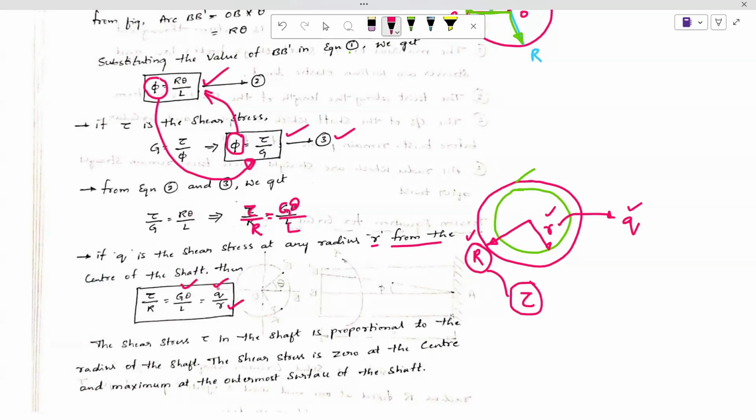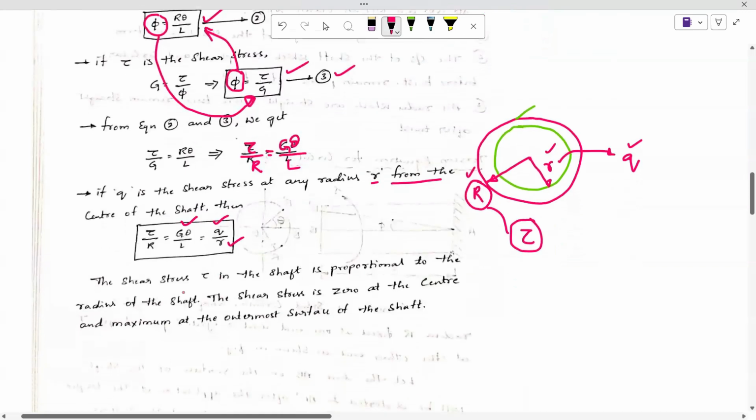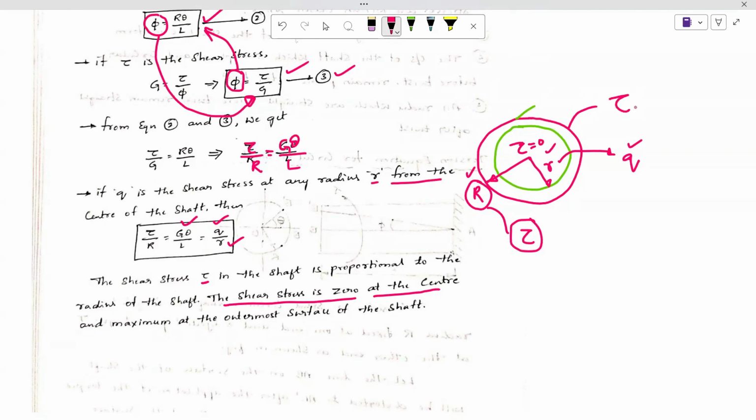So the shear stress tau in the shaft is directly proportional to the radius of the shaft. The shear stress is 0 at the center and maximum at the outer surface of the shaft.